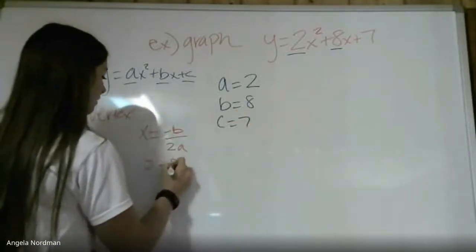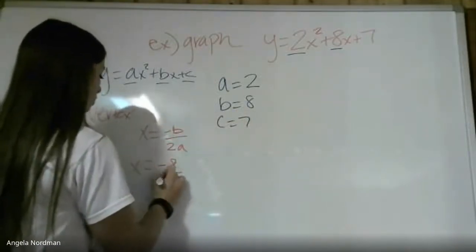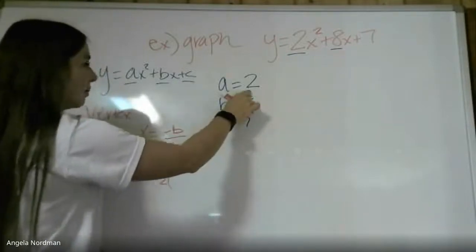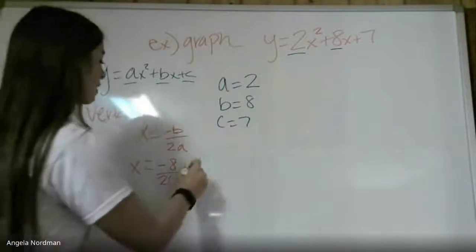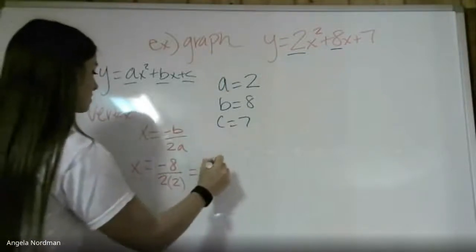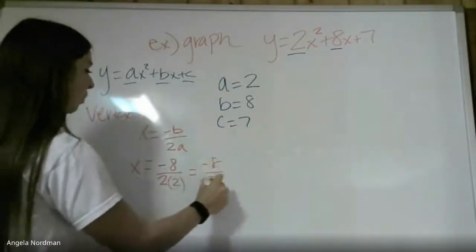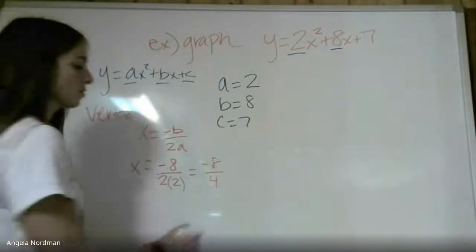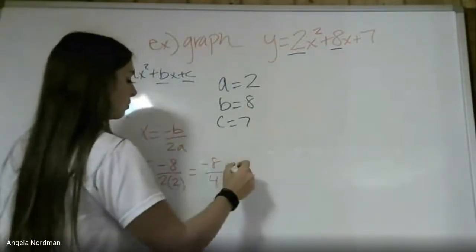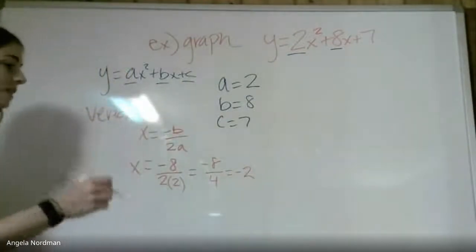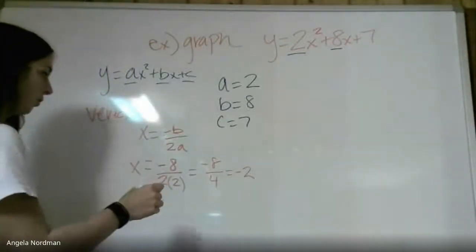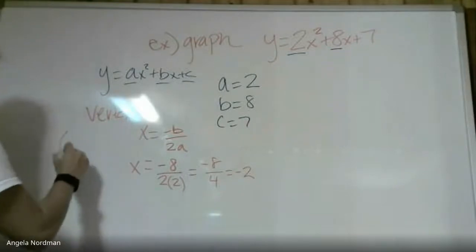So I take negative 8 over 2 times my a value, which is 2. Negative 8 still over 2 times 2 is 4. So keep simplifying this as much as we can. Negative 8 divided by 4 is negative 2. So again, this is my x value, or my x-coordinate in my vertex.